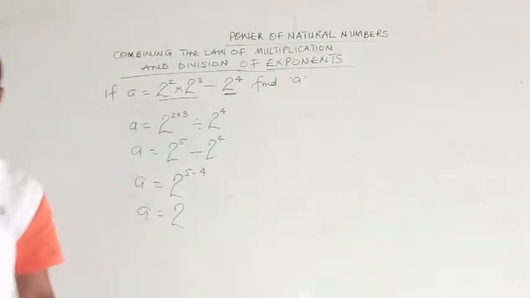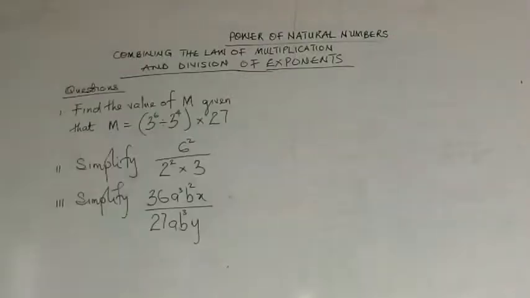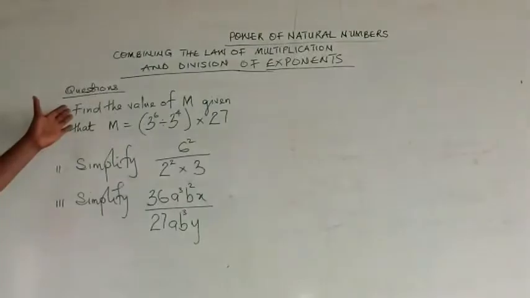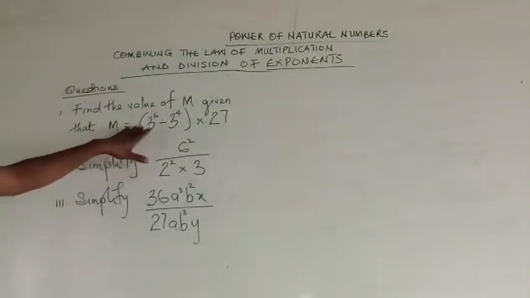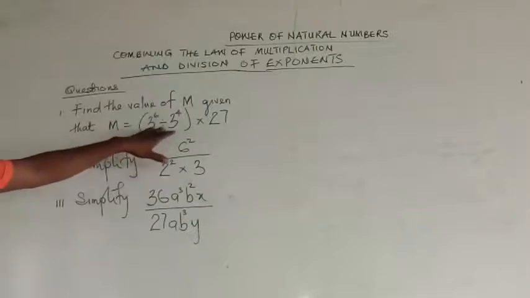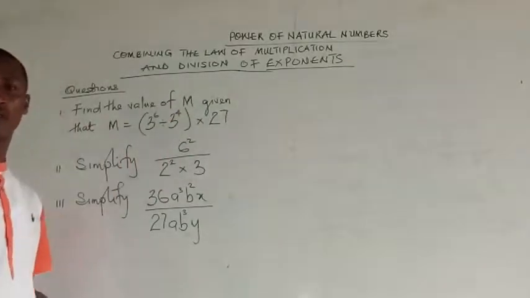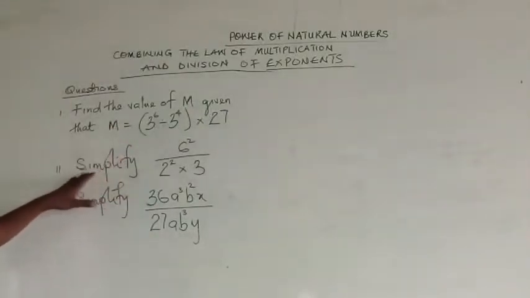Let us look at more examples. Let us look at these questions one by one. The first question says, we are supposed to find m if 3 to the power 6 divided by 3 to the power 4 times 27 is equal to m. What is the value of m? We also go further.